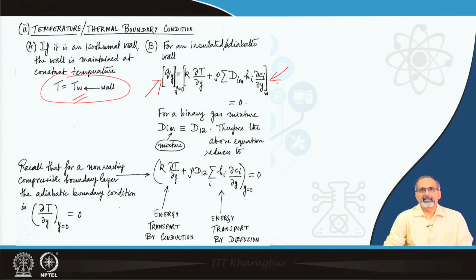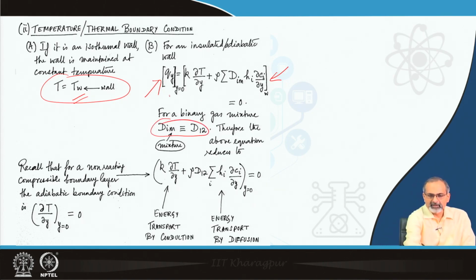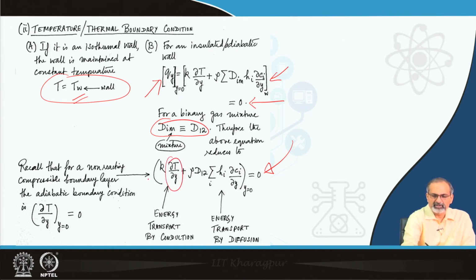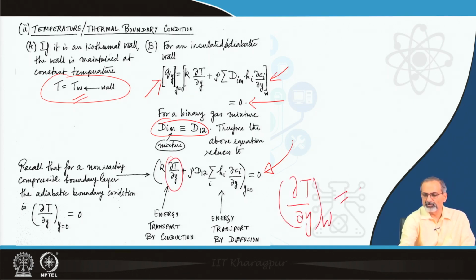So, for a binary gas mixture, the D_im will be simplified to D12, and the q essentially when it goes to 0 means that for a binary gas mixture, the above equation will reduce to this form, which means we cannot directly impose the condition del T del y at the wall equals 0 like the way we have learnt earlier in the case of non-reacting compressible boundary layer.